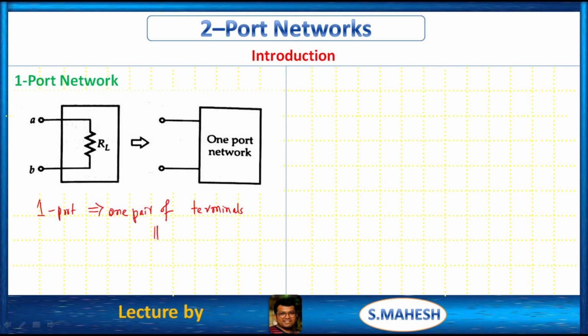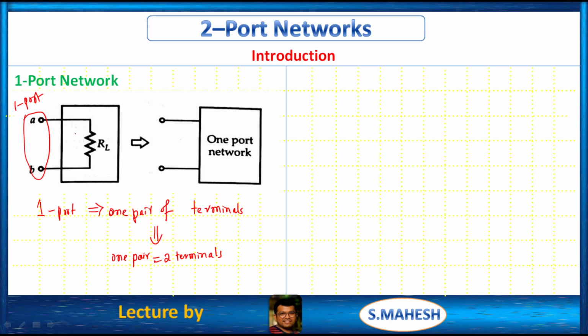One pair equals two terminals. So two terminals is nothing but one port. For example, if we have the same arrangement on the other side, obviously that is two port.